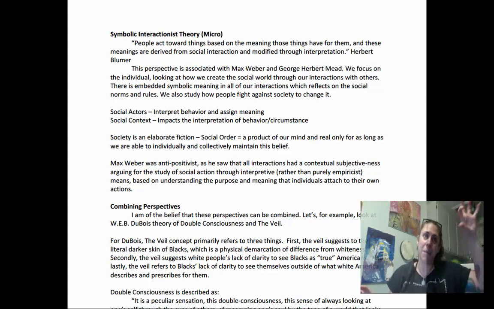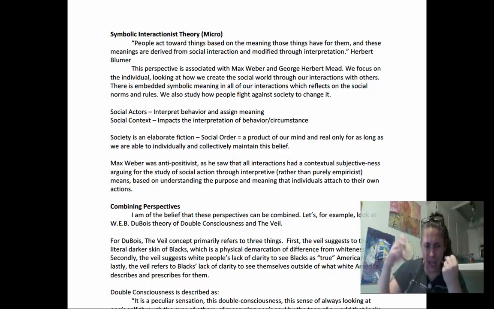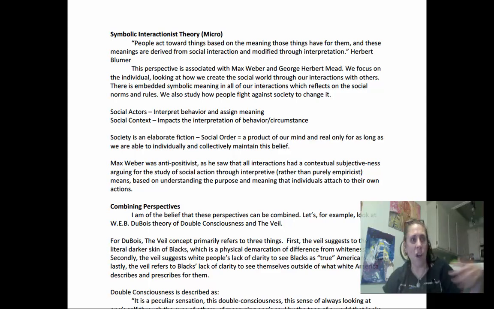Now, that would mean that I'm combining conflict theory and symbolic interactionist theory, right? So when you are talking to somebody, what does your body language look like? Do you defer to somebody, and why? We find that in our society, we as a society generally defer to white men.